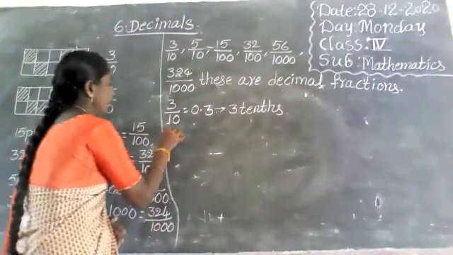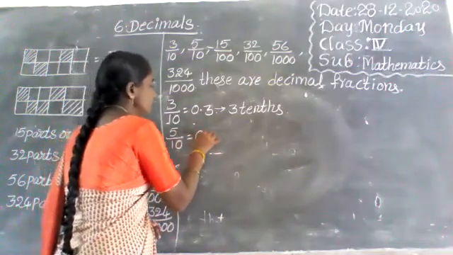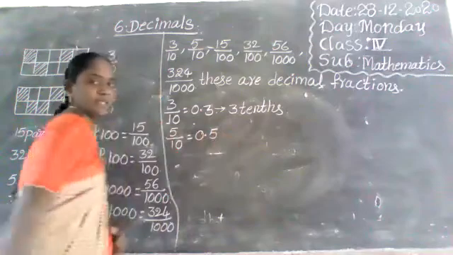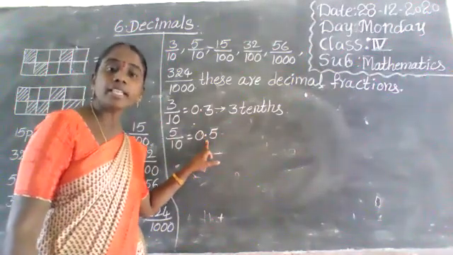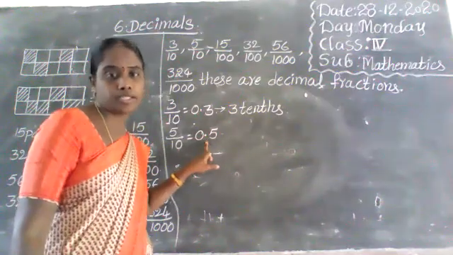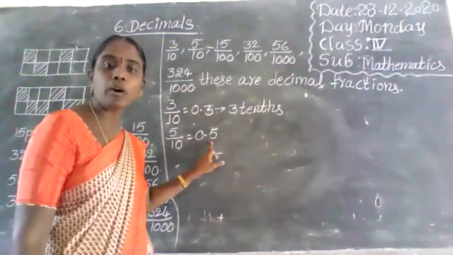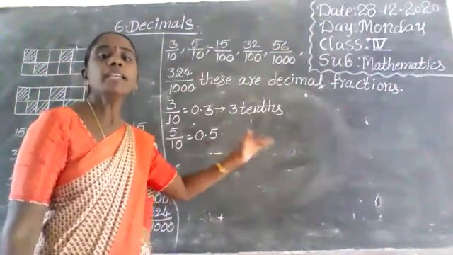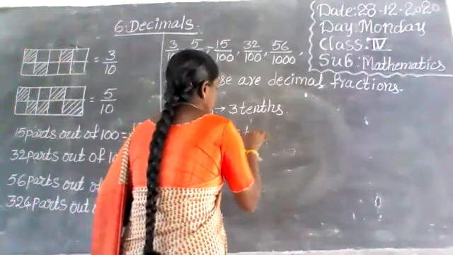Next, 5 by 10. 5 by 10 we write as 0.5. 0 decimal point 5. The point I wrote is called the decimal point. 5 tenths.